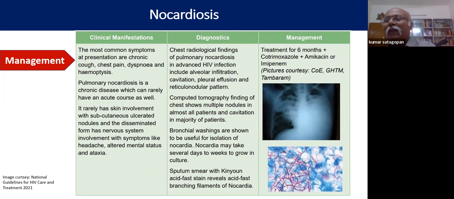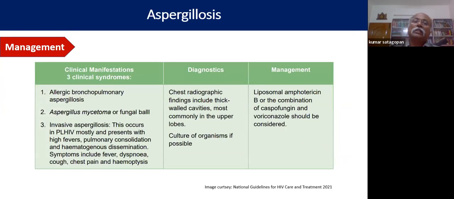You can see the X-ray taken from Tambaram, where bilateral pleuroparenchymal involvement is there, and you can see the branched filamentous organisms in the washings. Modified acid-fast stain reveals acid-fast branched filamentous bacilli, like actinomycosis. Next slide. So this is nocardiosis. Treatment is cotrimoxazole for 6 months, along with amikacin also.